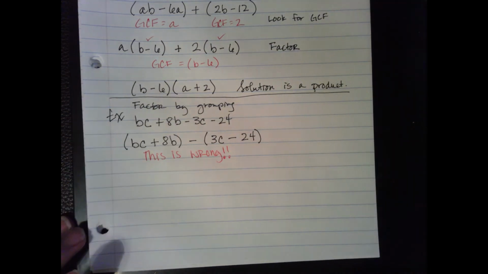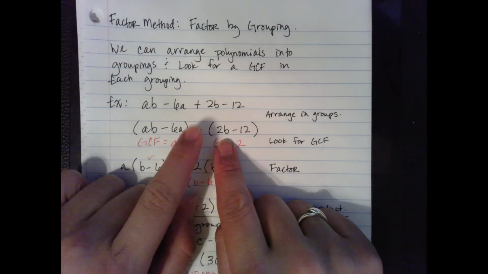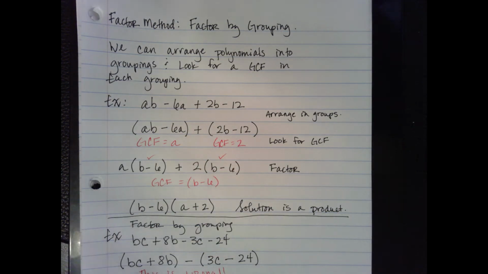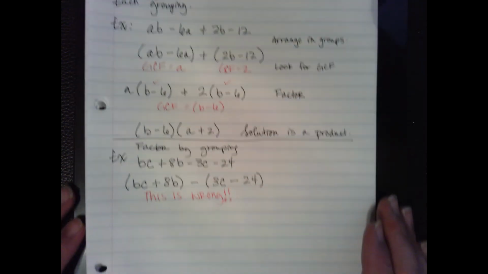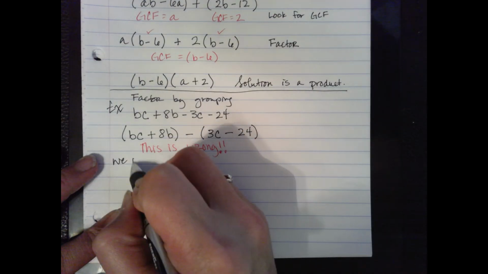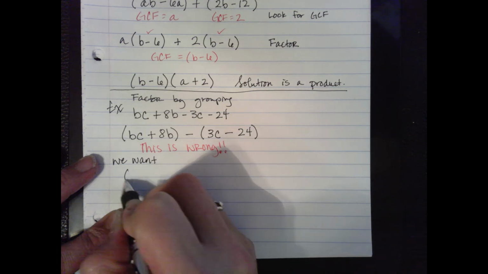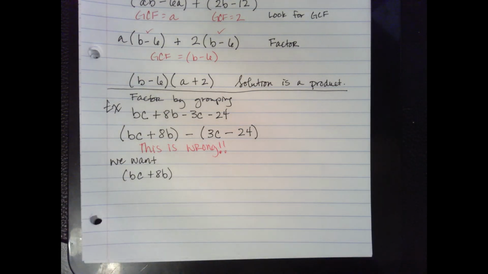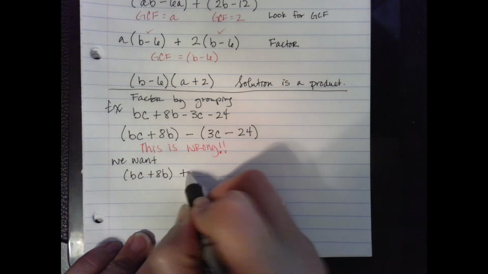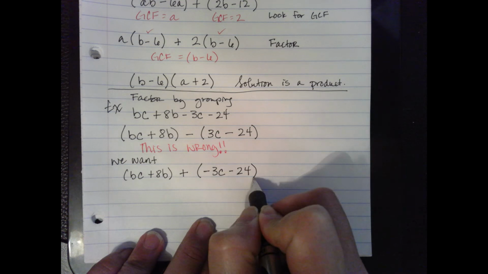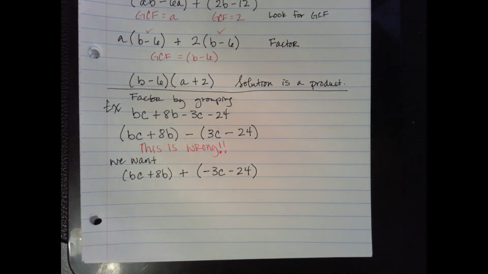Remember I said that plus sign had to be in between them. We want that plus sign. So we want BC plus 8B to be one group plus negative 3c minus 24 in my second group.